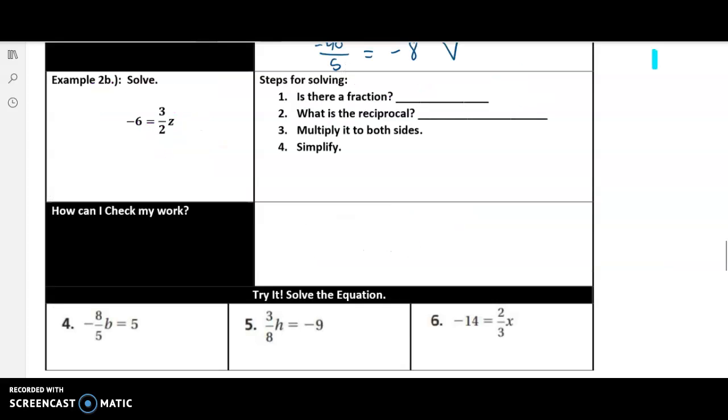All right, so using these steps, we're going to ask ourselves, is there a fraction? Yes, we see 3 halves. So we have to flip 3 halves, and when we flip 3 halves, we get 2/3. So we're going to multiply 2/3 to both sides.